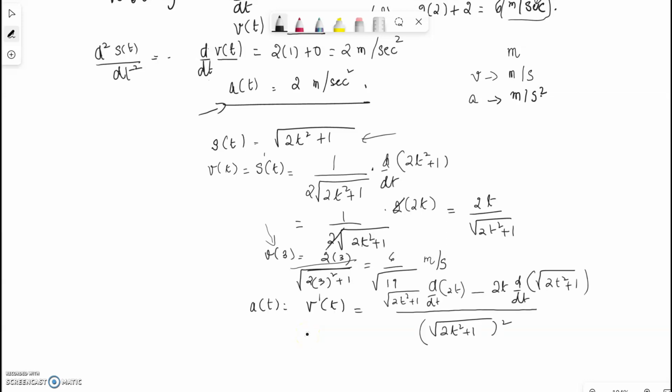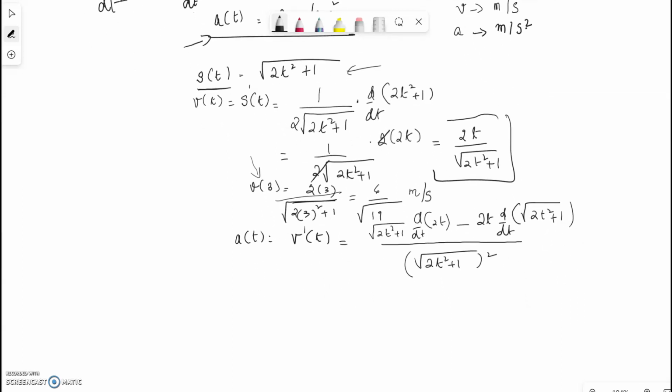Just like velocity is the rate of change of the position with respect to time, which means you take the first derivative of the position function to get the velocity function, and the velocity function is this. The rate of change of velocity with respect to time is acceleration, which means we get the acceleration by finding the derivative of the velocity function with respect to time.